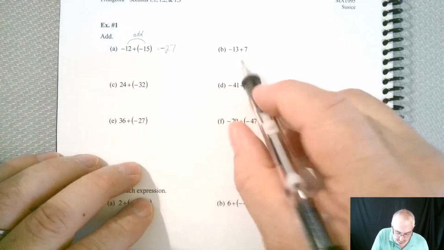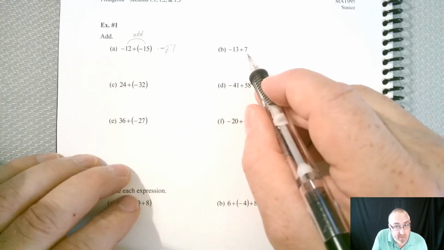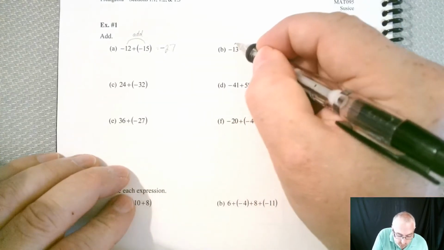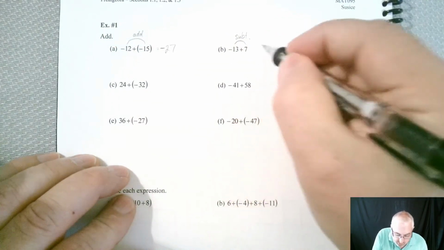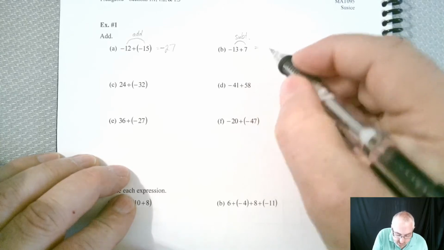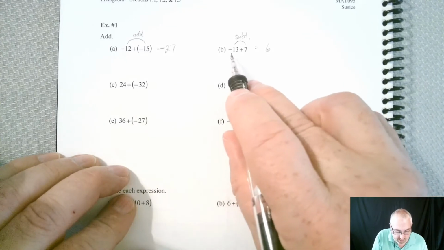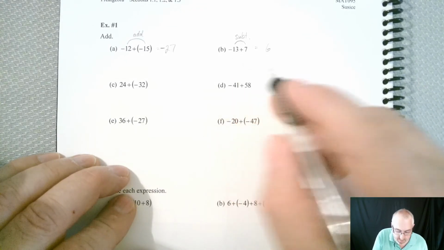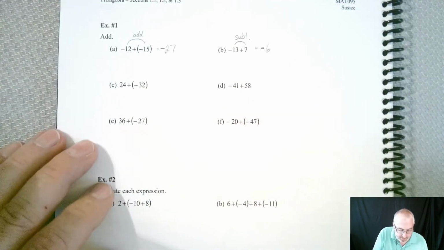Let's look at the second one. -13 plus +7. Well, the signs are different. If they're different, we know we have to subtract. So 13 minus 7 is 6. And is it +6 or -6? You better be screaming at me it's negative, because 13 is the bigger one and it's negative. So -6 should be our answer here.